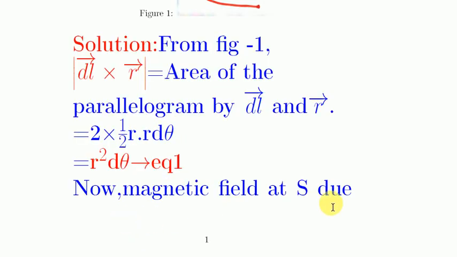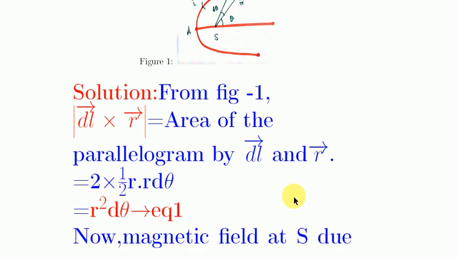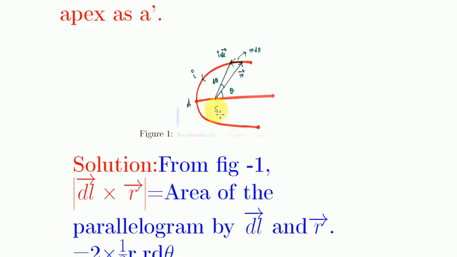Now the magnetic field at S due to this current element I dl we can get from Biot-Savart's law.